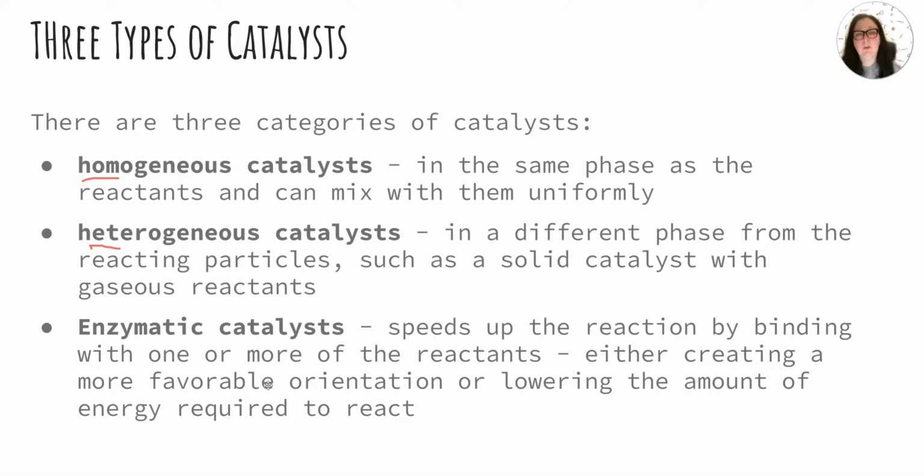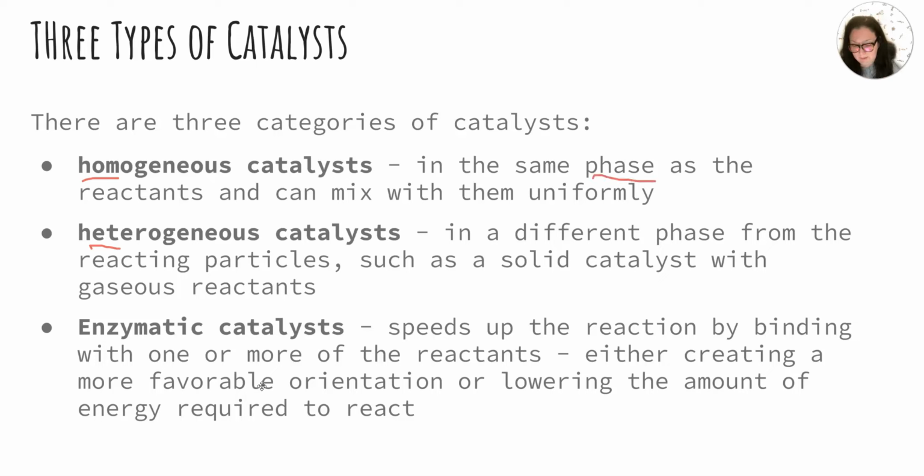So the first one is a homogeneous catalyst and a heterogeneous catalyst. The definitions sound scary, but they're really very obvious when I explain it, so let's just roll with it. A homogeneous catalyst is when your catalyst and your reactants are in the same phase. A heterogeneous catalyst is when your catalyst and your reactants are in a different phase.